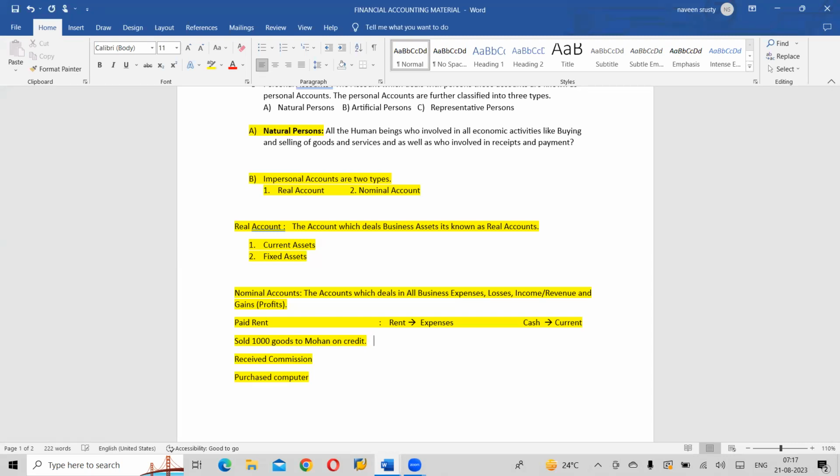So here, what are the accounts involved in this particular transaction? One is sales, that is nothing but revenue. Another account is Mohan. Mohan comes under personal account.